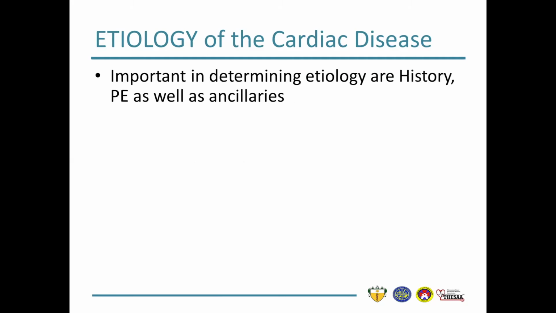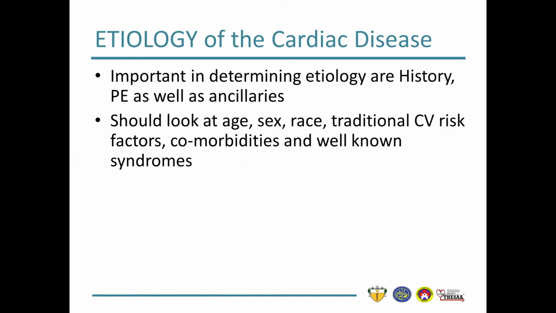In determining the etiology of the cardiac disease, one should have a complete history and physical examination that is confirmed by sound diagnostic procedures. The physician should look at non-modifiable risk factors such as age, sex, race, as well as modifiable risk factors such as smoking, alcohol intake, and comorbid condition.